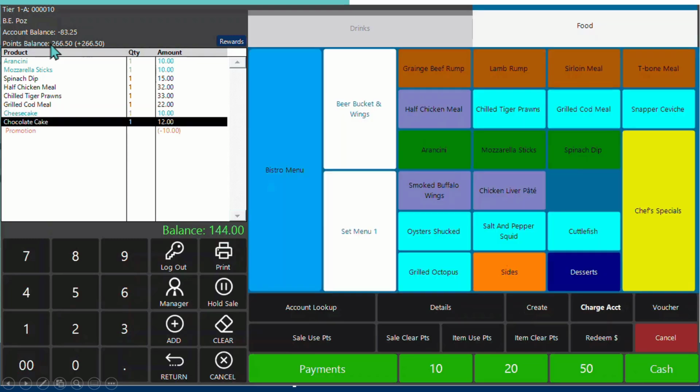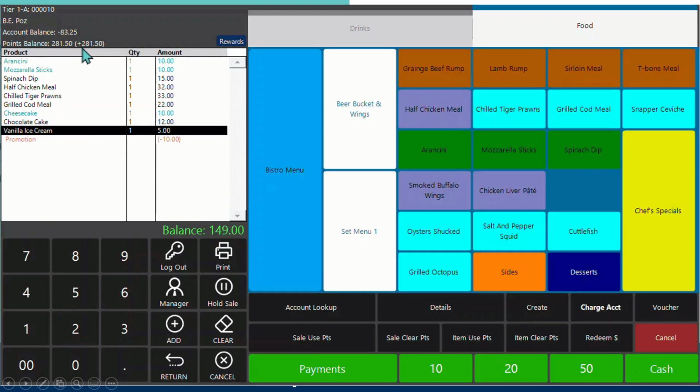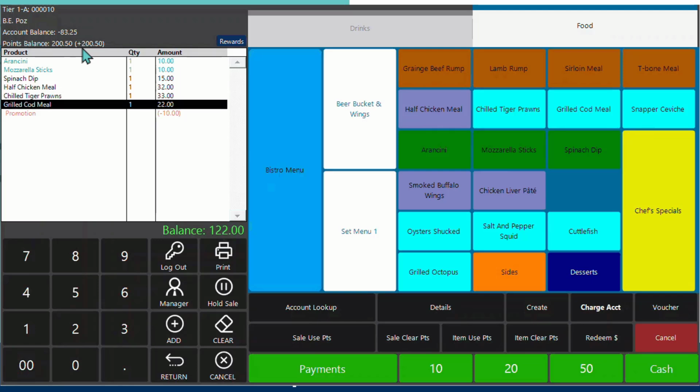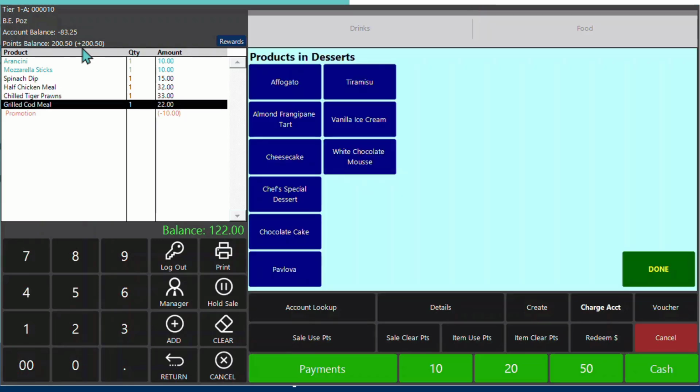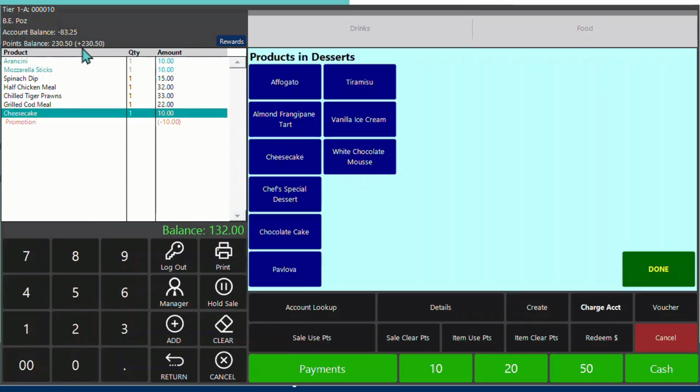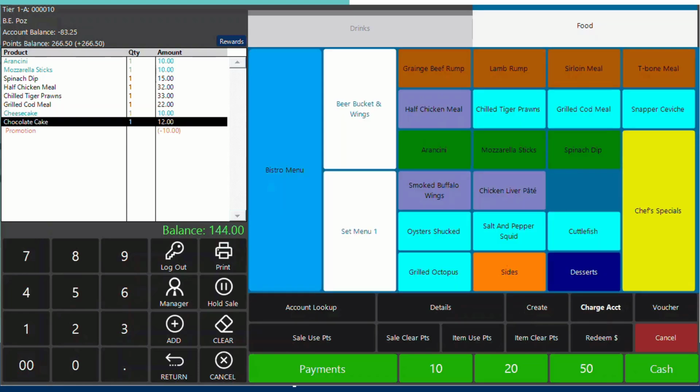All of them are going to be different percentages based on the product's prices and based on the percentages that are set within the points profile. So starters are earning points at 2 times their price because they're set to 200% within the points profile, but mains are only earning 150%, and then desserts are earning 300%.